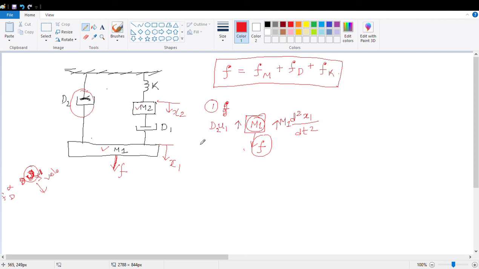What is u1? It is dx1 by dt. So D2 dx1 by dt is another force which is opposing this force.